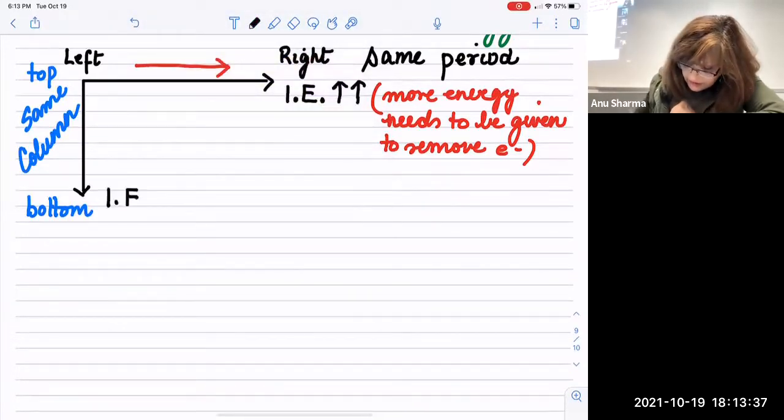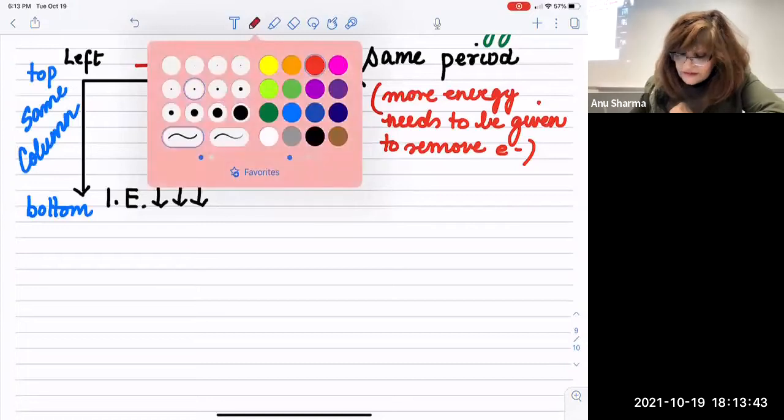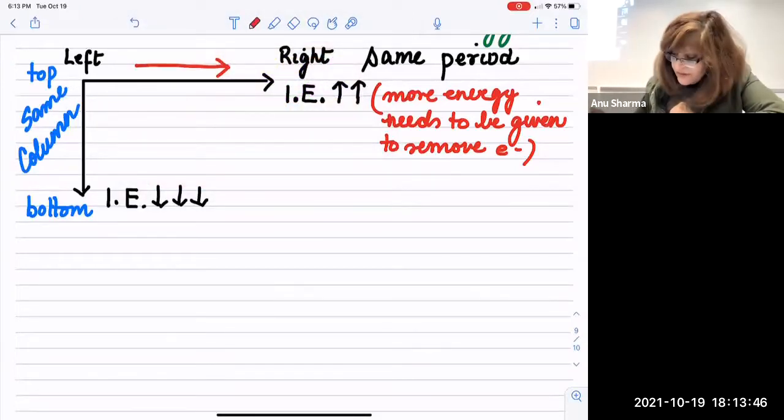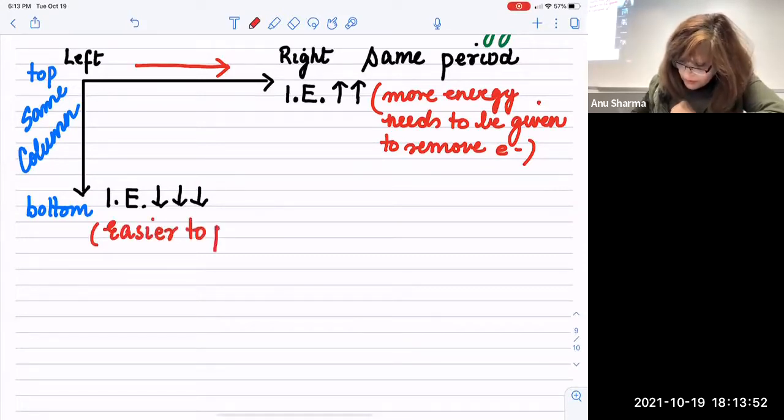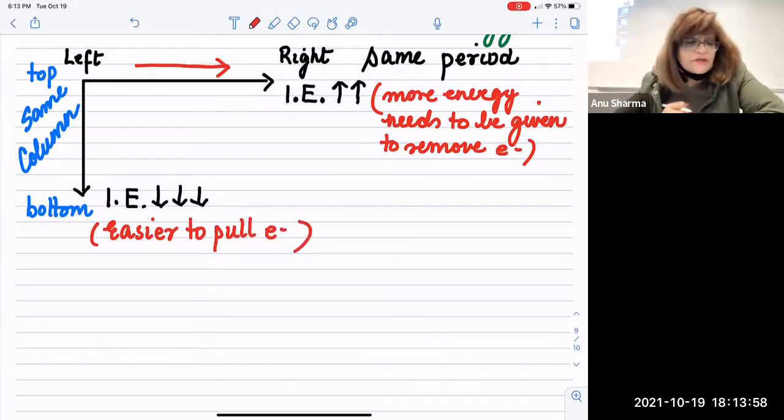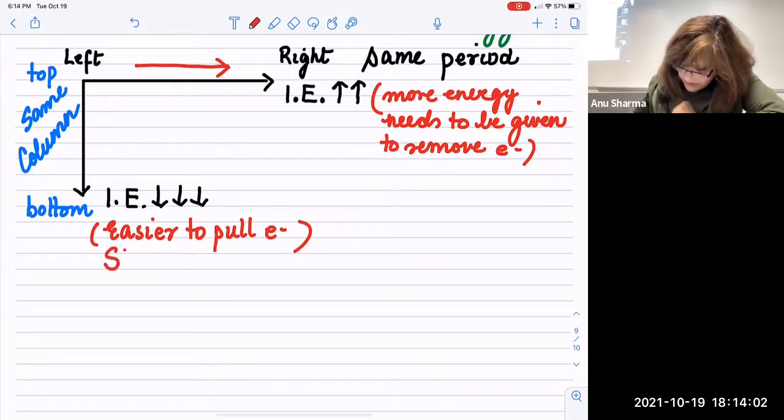Why does it decrease? This means that it's easier to pull electrons from the atoms because the size of atoms is increasing.